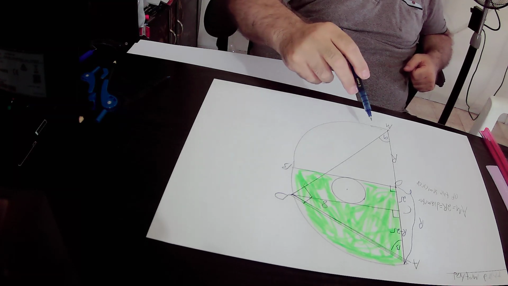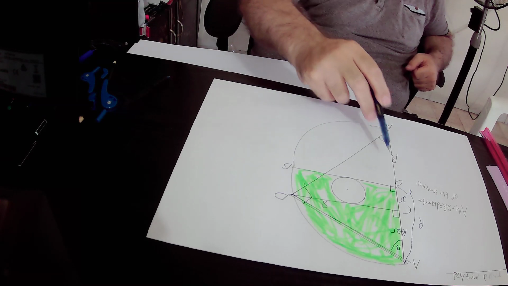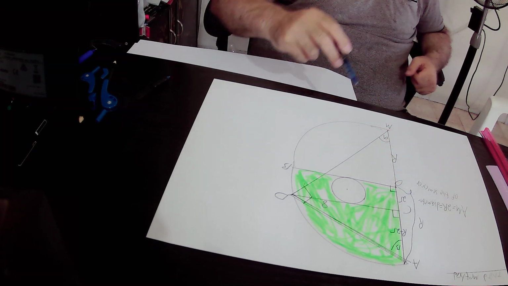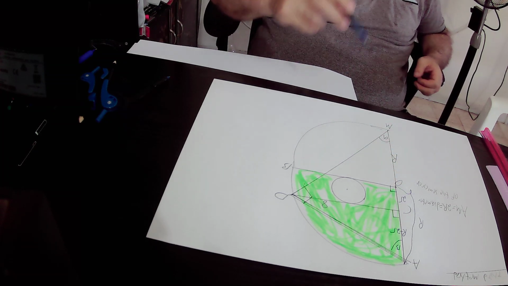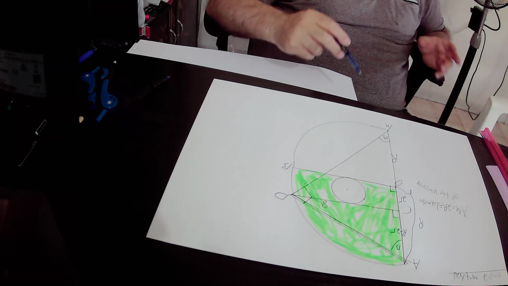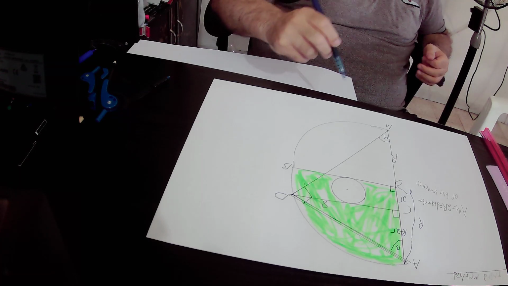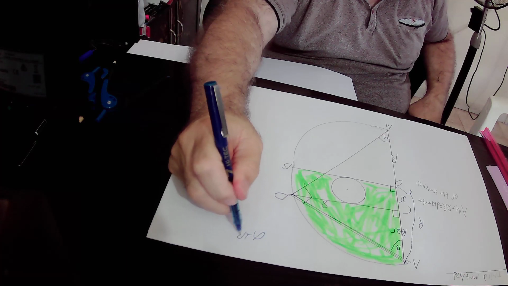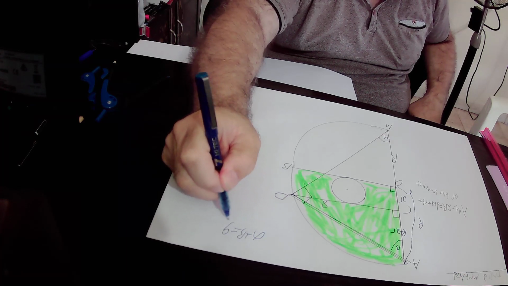Therefore, the other two angles, alpha and beta, in total must also be equal to 90 degrees, because 90 degrees plus 90 degrees is 180 degrees, which is the sum of the angles in any triangle. That is to say, alpha plus beta in total must be equal to 90 degrees.